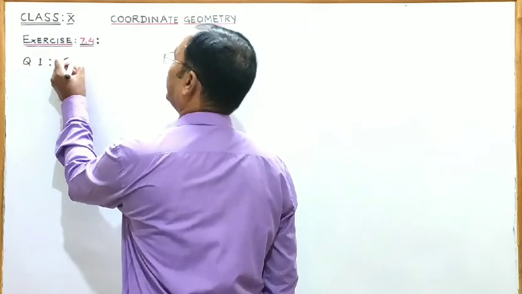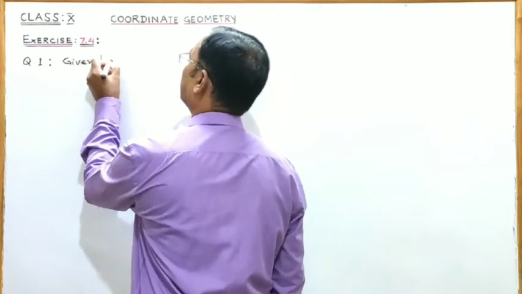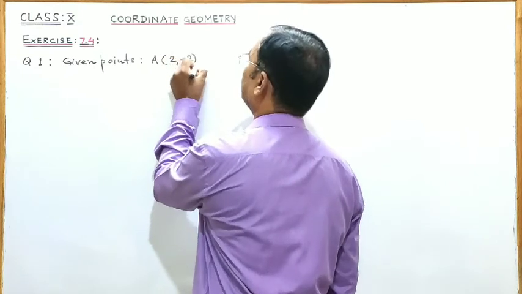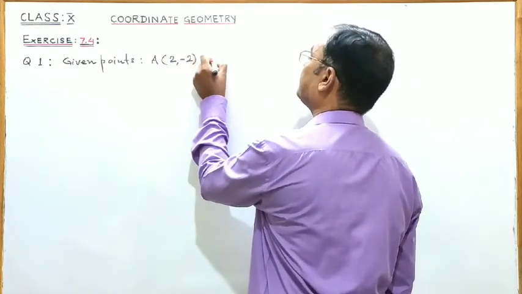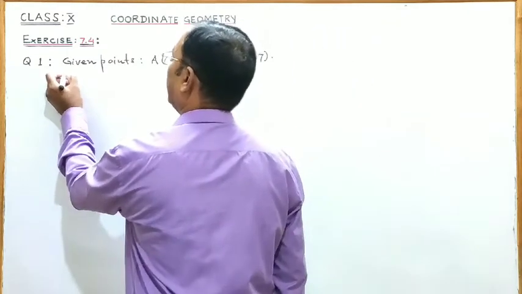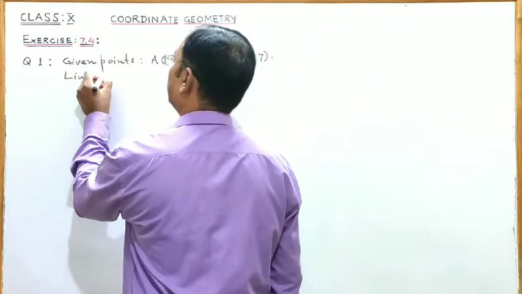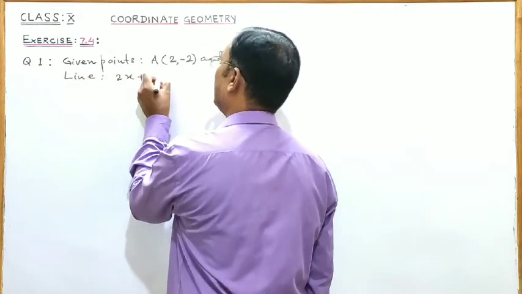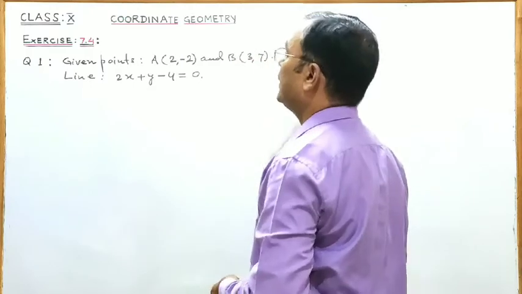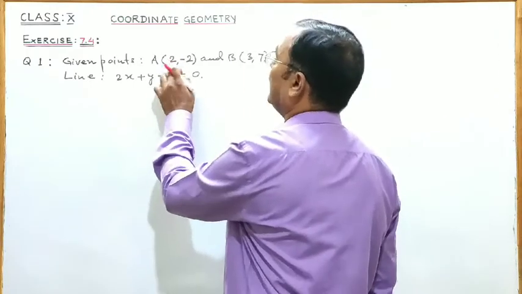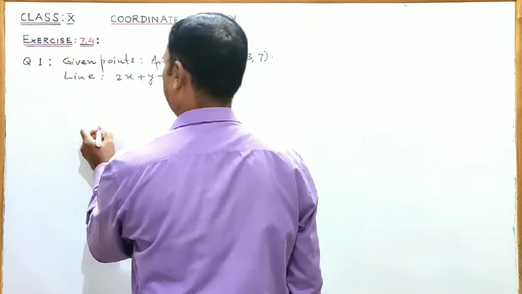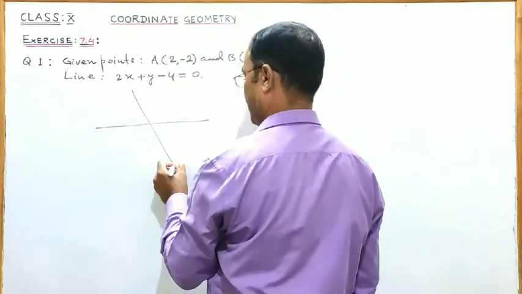So, given points are A with coordinates (2, -2) and B with coordinates (3, 7), and given line is 2x plus y minus 4 is equal to 0, and this line 2x plus y minus 4 equal to 0 divides the line segment joining two given points A and B. So, situation of points and line may be like this.